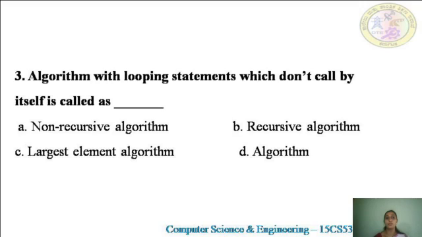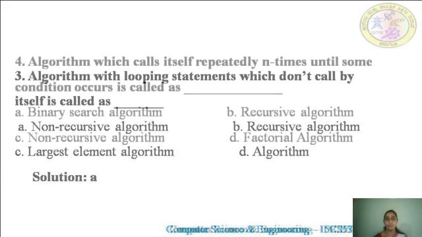Whether we are going to call it as non-recursive algorithms, recursive algorithms, or largest element algorithm, or just an algorithm. Yes, it belongs to non-recursive algorithm. We have two types of algorithm, recursive and non-recursive. It is a non-recursive algorithm. Next question.